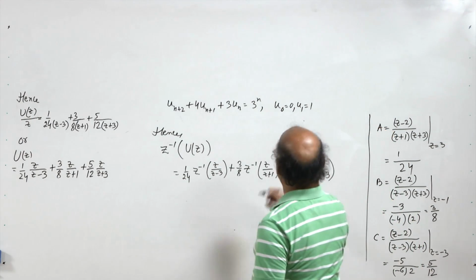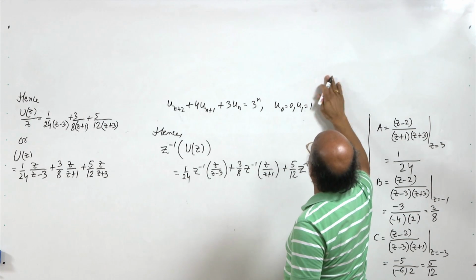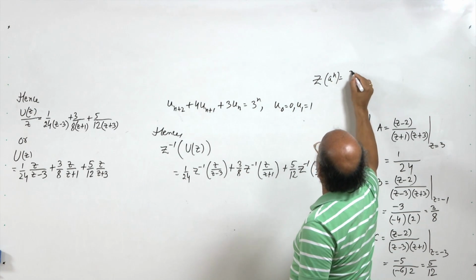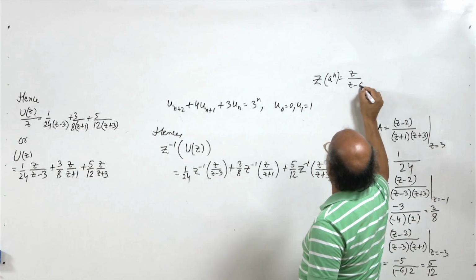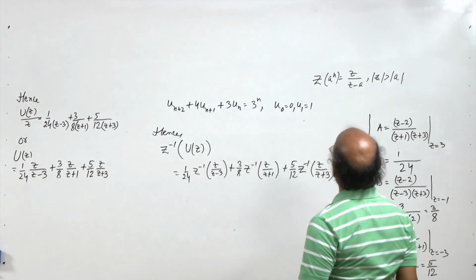Again let us recall that Z of a to the power n is z over z minus a, where mod of z is greater than mod of a. Let us apply this formula.